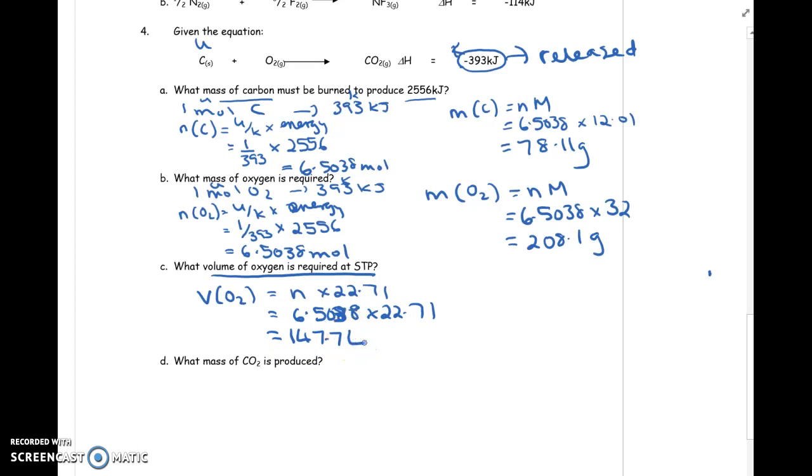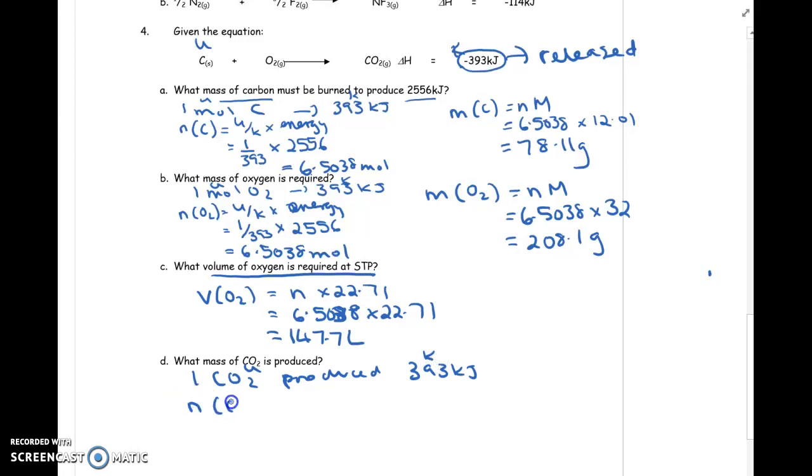The last question is, what mass of carbon dioxide is produced? Well, we can see that 1 mole of carbon dioxide produced 393 kilojoules. So this is our unknown and this is our known, same as previously.